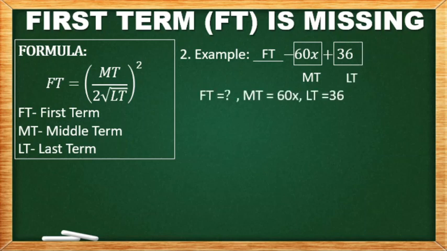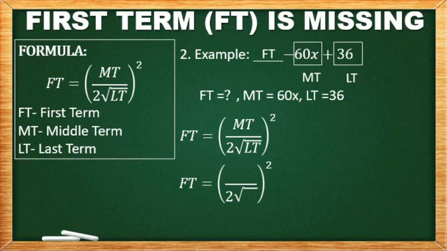Sulat natin ang mga given. And our formula, FT is equal to the square root of MT over 2 times the square root of LT. So tandaan, pag gamit ang formula, after you substitute the value of MT, LT, lagi mo munang i-divide sa 2 para matanggal natin yung 2 sa baba.